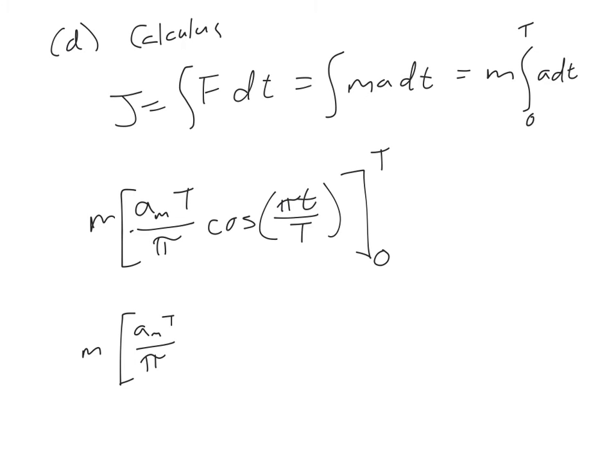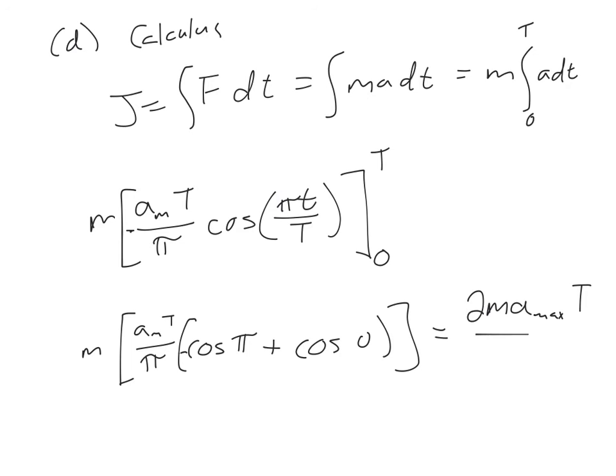It's supposed to be negative, cosine of pi minus cosine of 0. And you should end up getting 2m a max T over pi as your impulse.